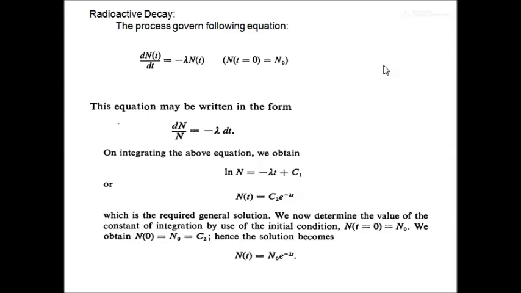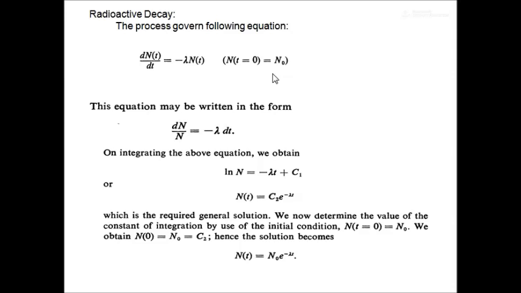So assume that at t equal to 0, when I just take a part of that radioactive material, the total number of uranium atoms there is N0.